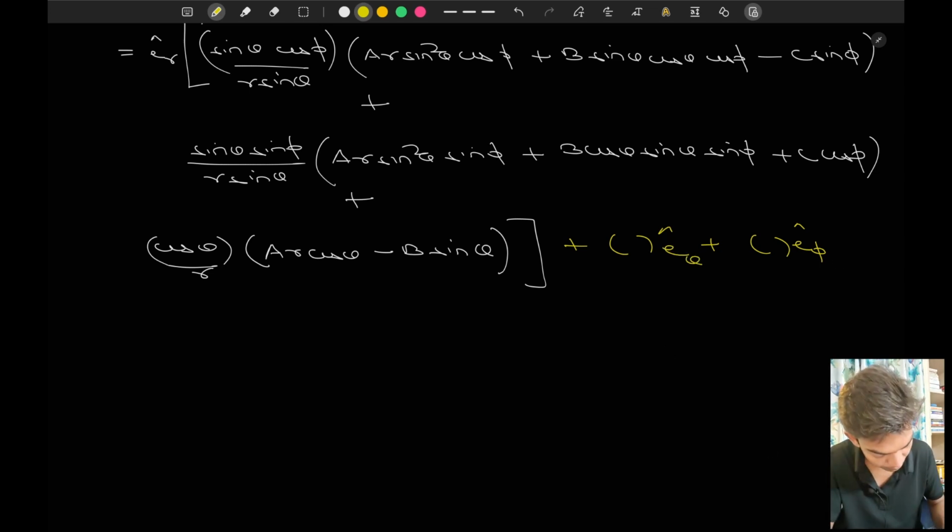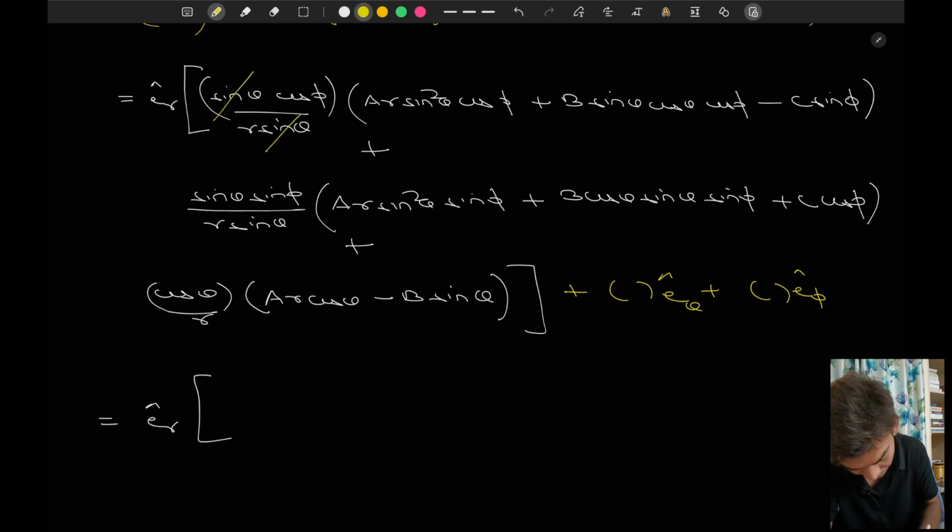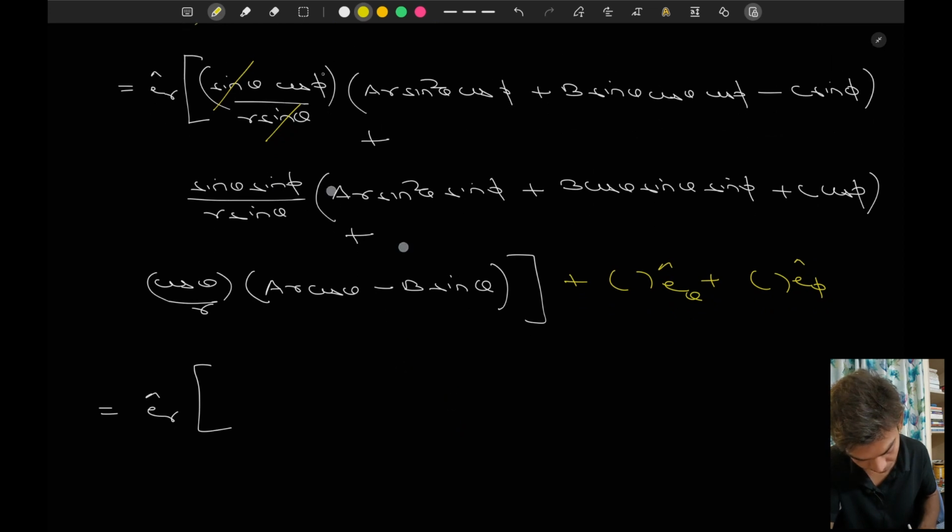Okay, now let's just multiply things. So this sin theta cancels off, right? This cos phi gets multiplied with this guy, so it will become cos square phi. So it will get multiplied with the entire term. So let me just collect my a terms.